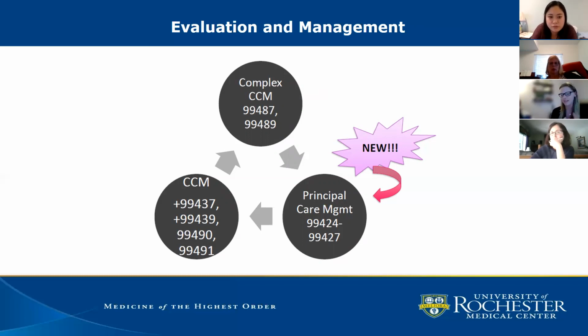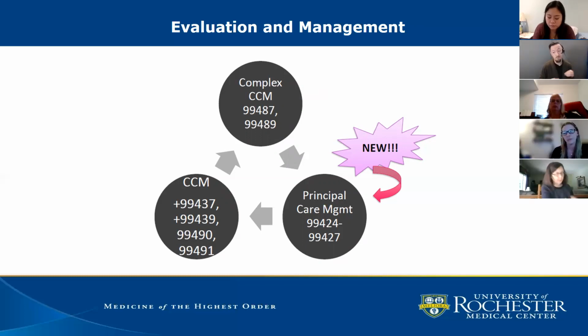This left a gap in coding because a patient could have just one chronic condition, so it wouldn't have been appropriate to assign these different levels. Now we have the new principal care management that can incorporate where that gap used to be.